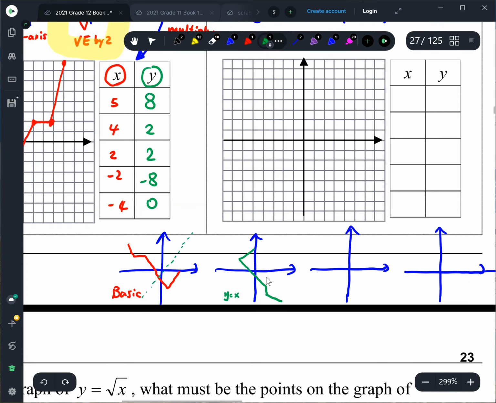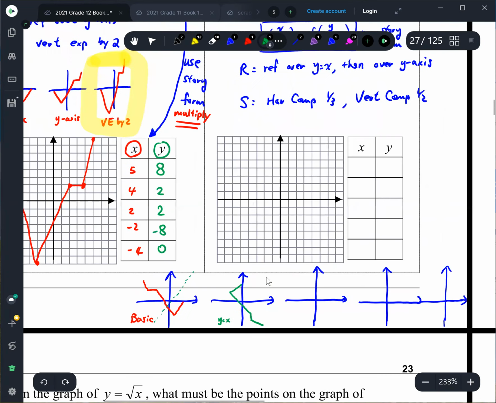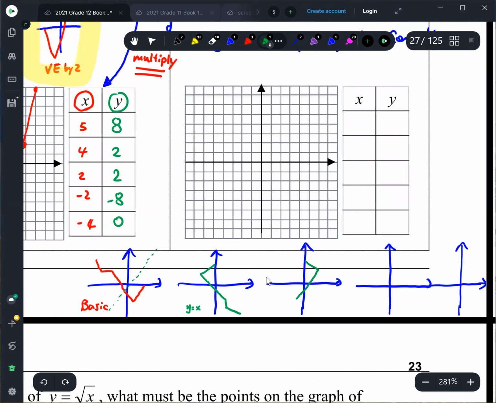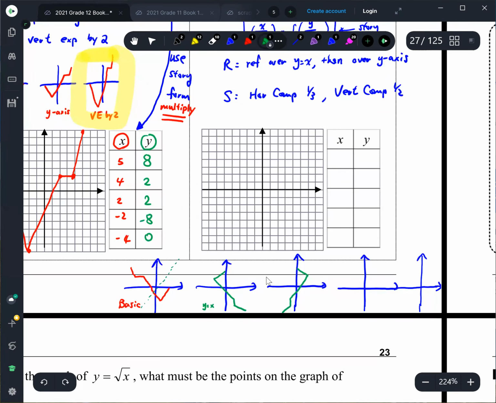Okay, and then we have reflect over the y-axis, right? So a left and right flip. You should get something like this. The left side goes to the right side, the right side goes to the left side, flip over the y-axis. So this is the y-axis.